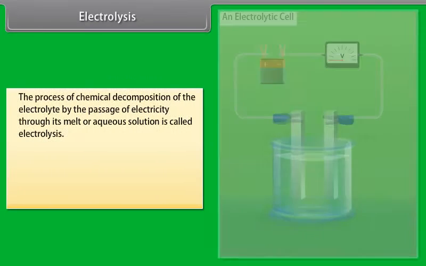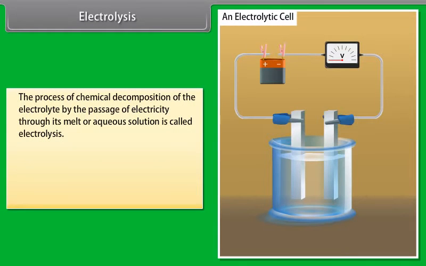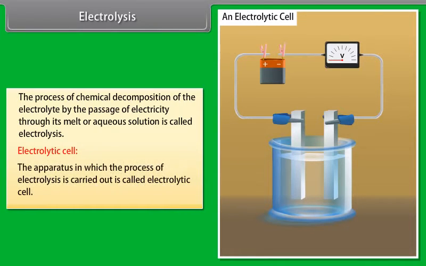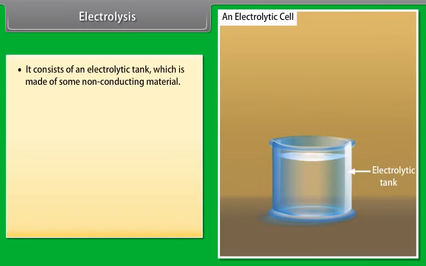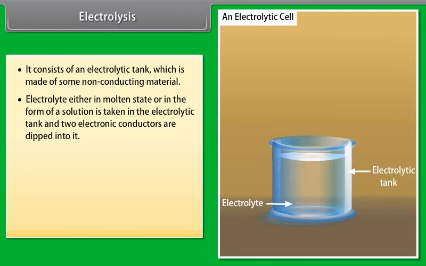Electrolysis. The process of chemical decomposition of the electrolyte by the passage of electricity through its melt or aqueous solution is called electrolysis. Electrolytic cell. The apparatus in which the process of electrolysis is carried out is called an electrolytic cell. It consists of an electrolytic tank which is made of some non-conducting material.